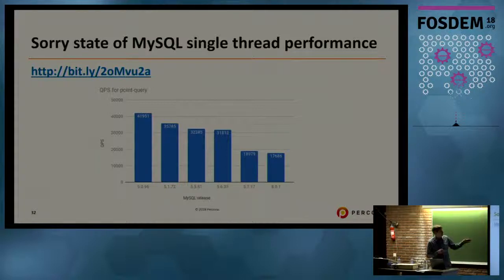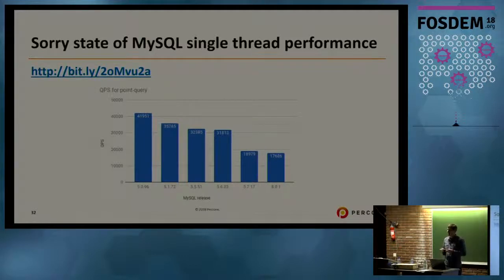Here is the graph from the champion of MySQL single thread performance, Mark Callaghan. And actually, I cherry-picked one with the worst regression, guilty as charged. But you can see that in some cases we have less than half the performance in MySQL 8 that we had in MySQL 5, right?